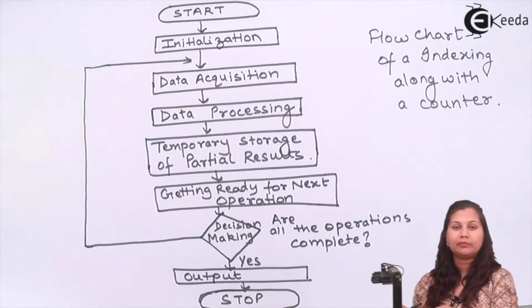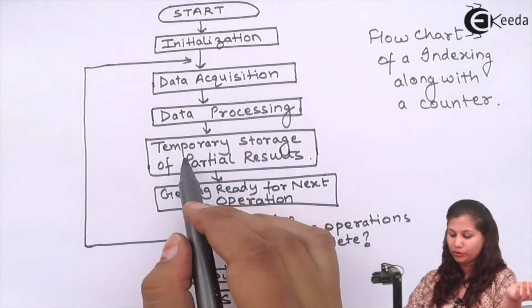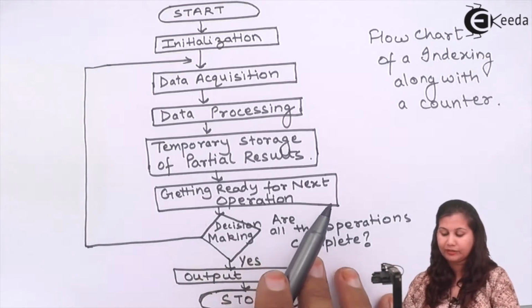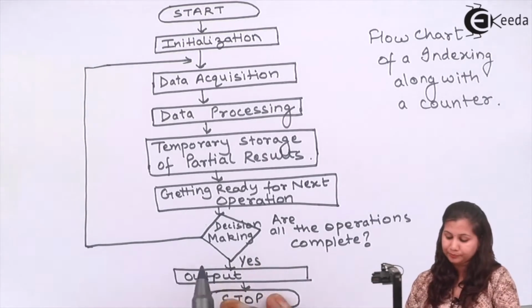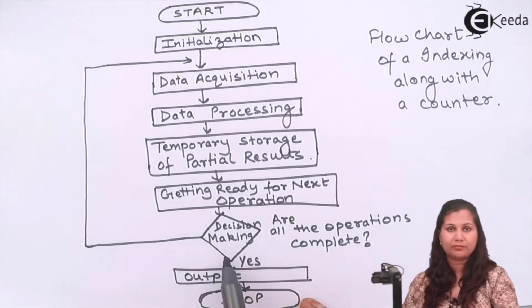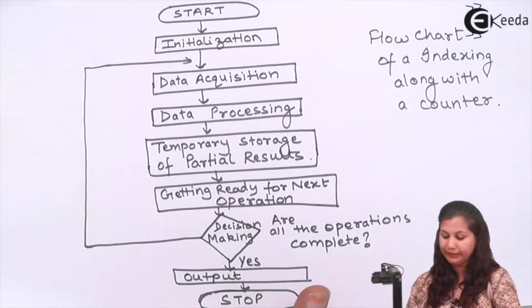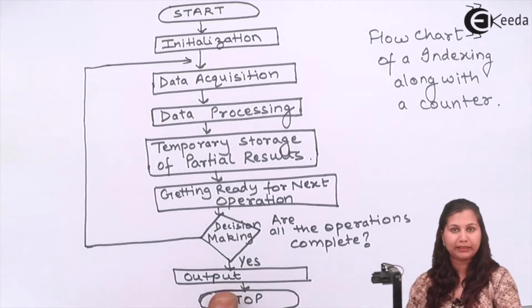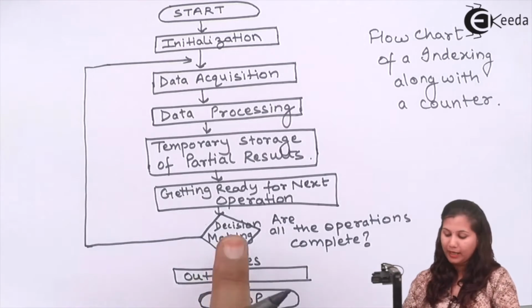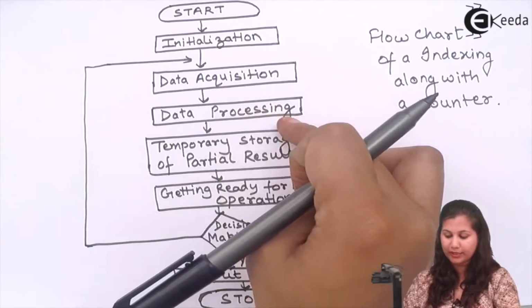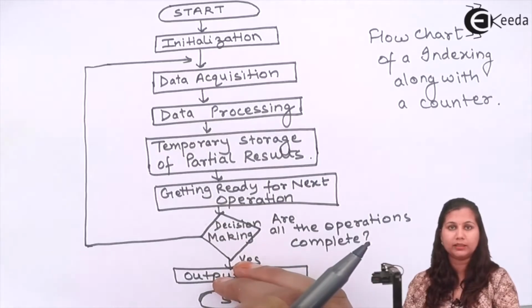Then getting ready for the next operation. Then comes the decision making: are all the operations in this loop complete? If they are complete, then display the output and stop the loop. Otherwise, again do data acquisition, data processing, and repeat all the tasks.